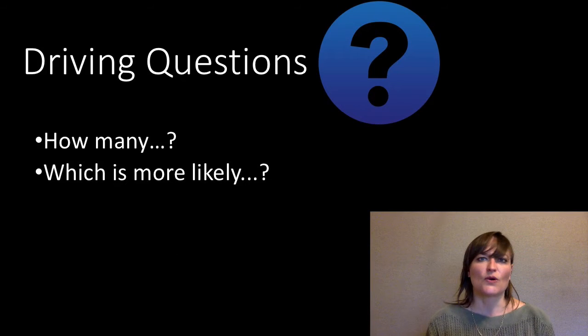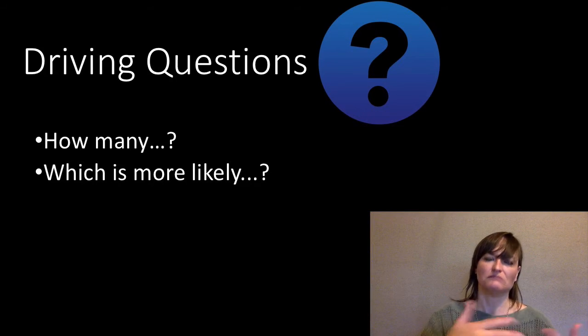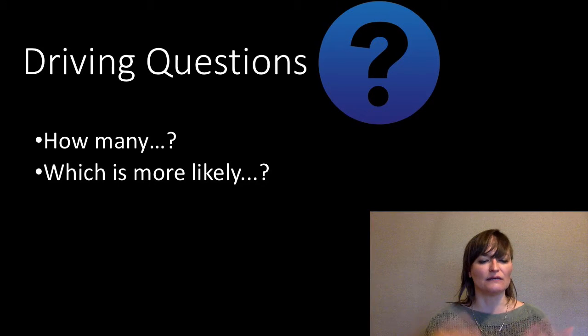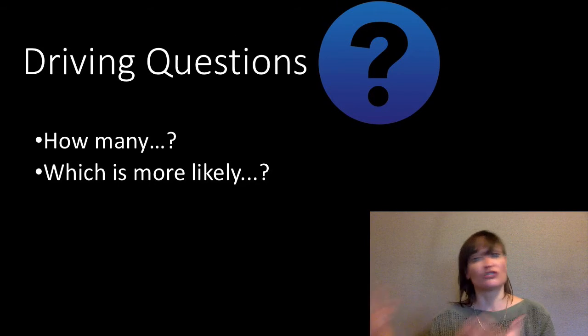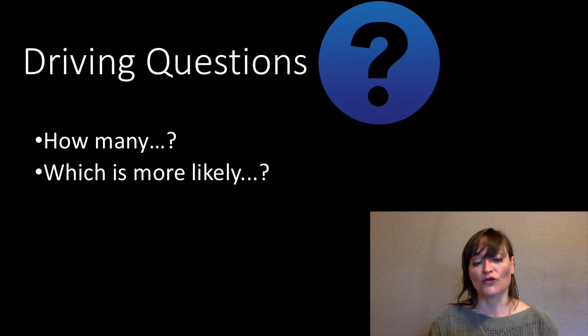So let's think about some of the questions that can be answered by this data. We will want to be thinking about questions like, well, how many, fill in the blank, how many soldiers survived? How many soldiers died? How many soldiers died of illness? We could also think about questions of which is more likely.